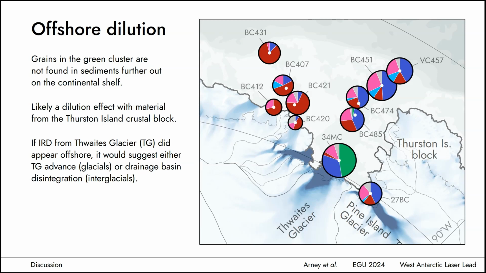If erosion at Thwaites bed changed significantly, you could expect a change in the proportion of these green grains, either due to Thwaites Glacier advancing during glacials, or even the disintegration of its basin during interglacials. So we think this is a possible proxy for Thwaites Glacier dynamics based on this anomalous, less radiogenic cluster of lead isotopes.